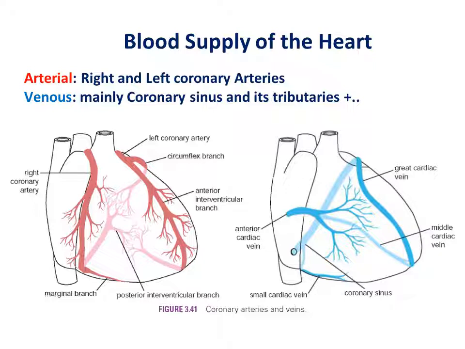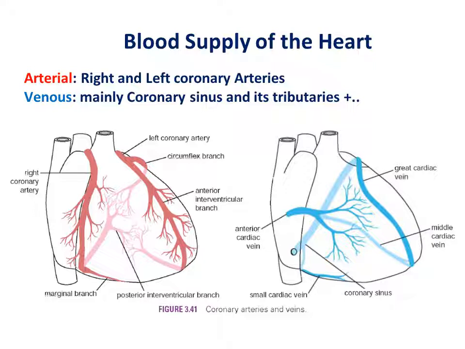Both right and left coronary arteries arise from the ascending aorta just after it comes from the left ventricle, just above the aortic valve, through what are known as the aortic sinuses.